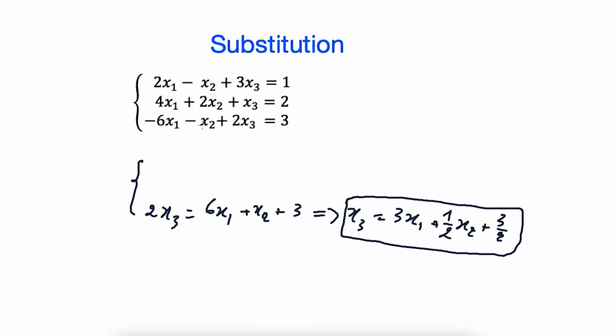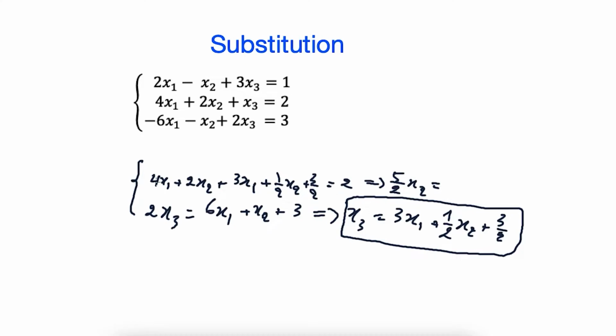And to get the value of x2, we will write 4x1 plus 2x2 plus x3, where x3 is 3x1 plus 1/2 x2 plus 3 over 2, equals 2. So here we have 2x2 plus 1/2 x2, which is 5 over 2 x2.